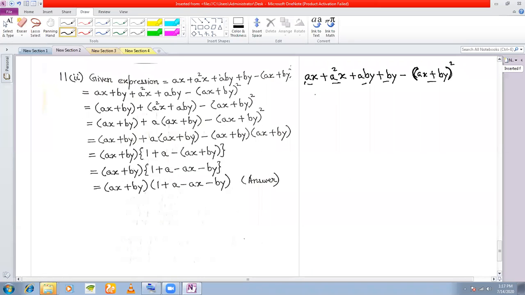That means if I can group 2 at a time, these four, and if I get something in ax plus by here and something in ax plus by here, and you already have an ax plus by whole square here, then it will be convenient because I'll be able to take out ax plus by. Did you understand this or not, or you want me to repeat?